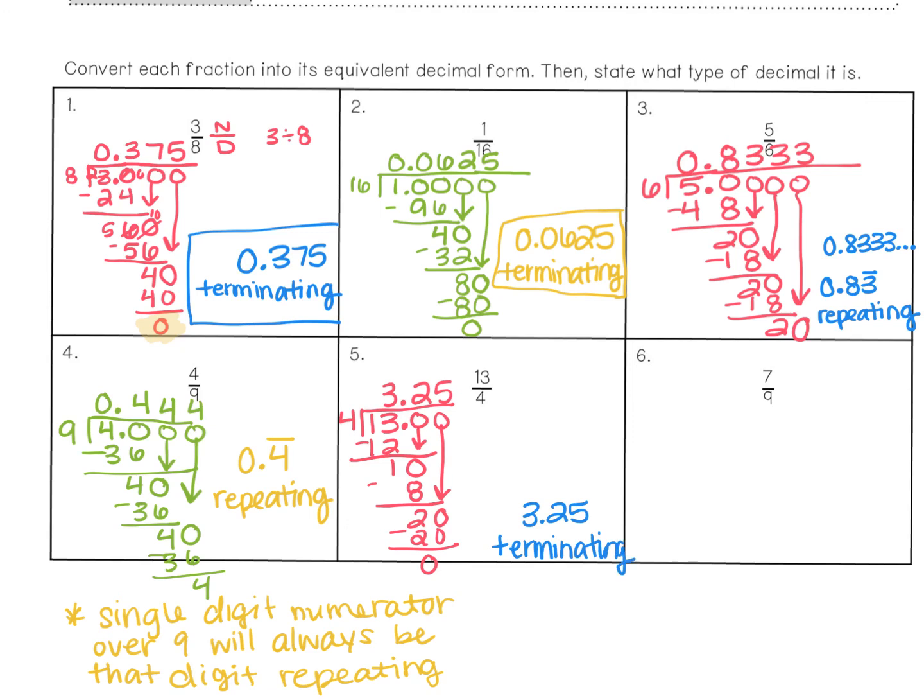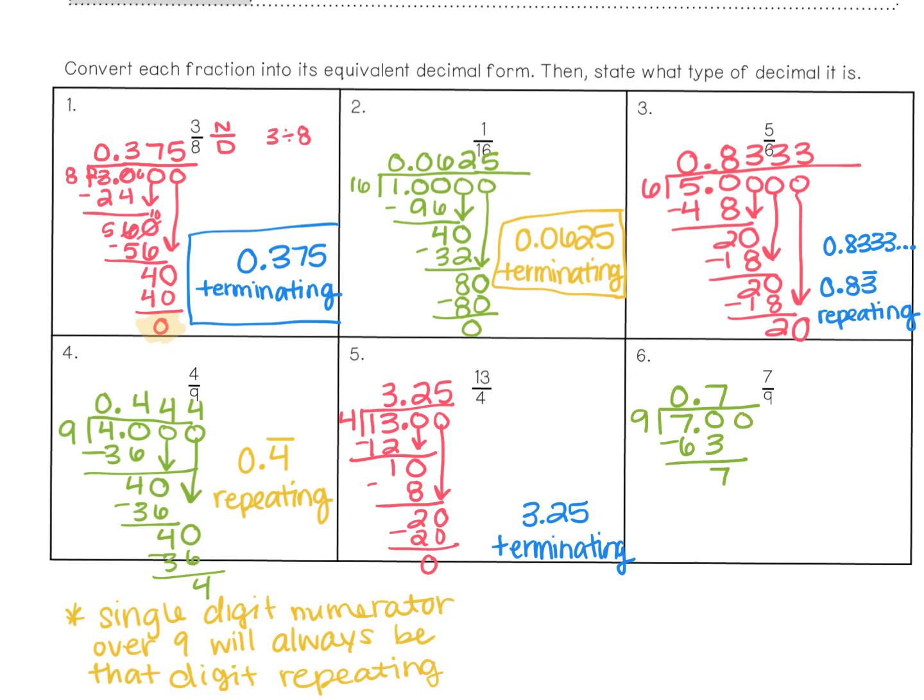Our last example for converting fractions to decimals is 7 over 9. Now, that's a single digit numerator over 9. So I know that it should be 0.7 repeating. So let's do our division and see if that's what we get. So I know that 9 doesn't fit into 7, but 9 does fit into 70 7 times, and that gives me 63.